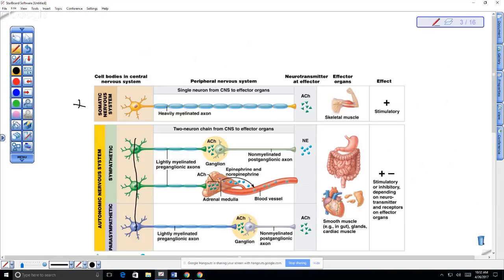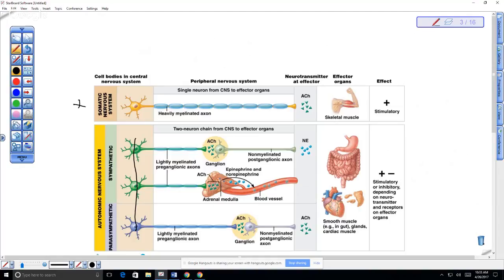Notice that the preganglionic fibers are lightly myelinated, but the postganglionic neurons do not have any myelination. Here we see acetylcholine being released by the parasympathetic system, and here we see norepinephrine being released by the sympathetic nervous system. That shows that they can be both excitatory and or inhibitory depending upon the receptors they bind to, which we'll talk about in a little bit.